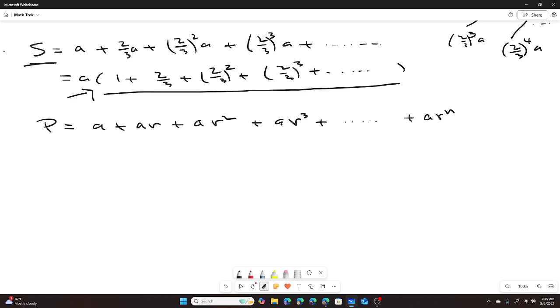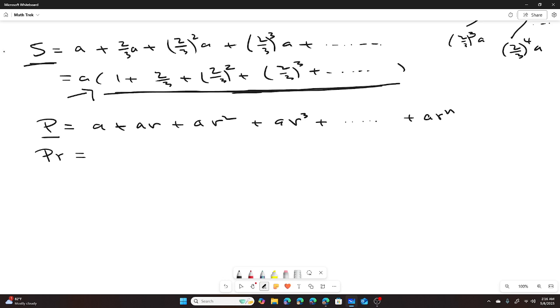If we could find a formula for P, maybe we could just set n to infinity, and that would give us a formula for S. One way we could do that is to multiply P by r.